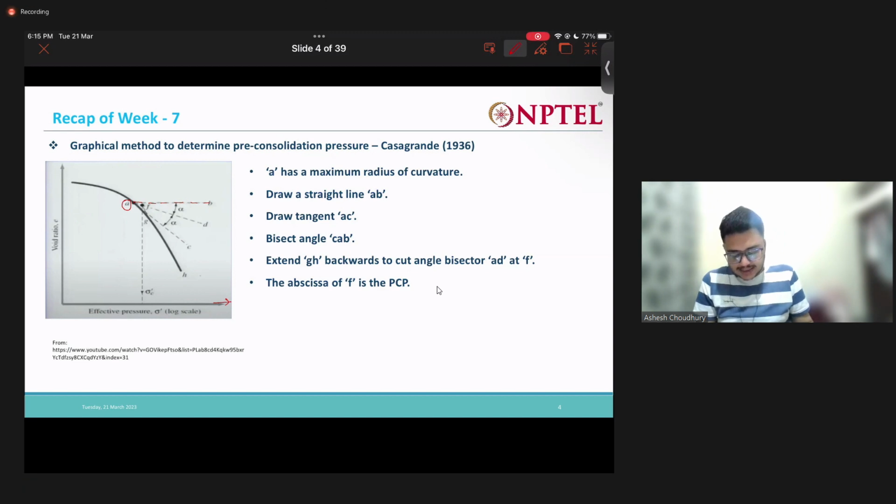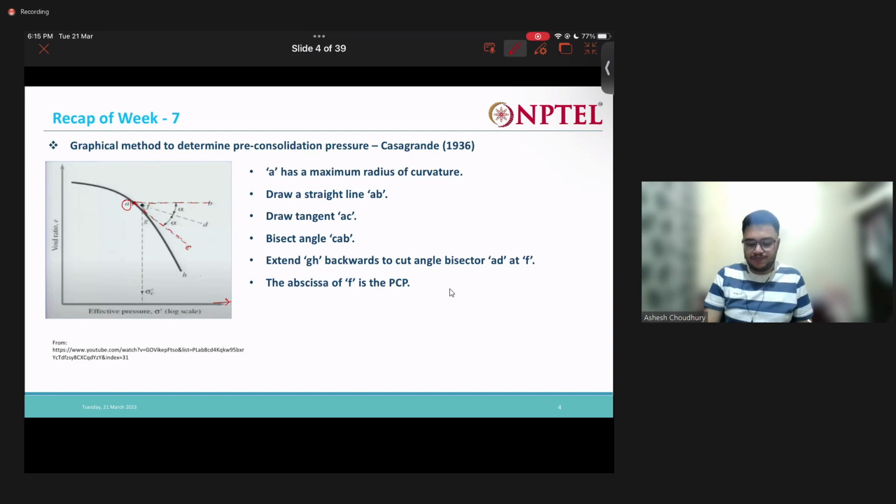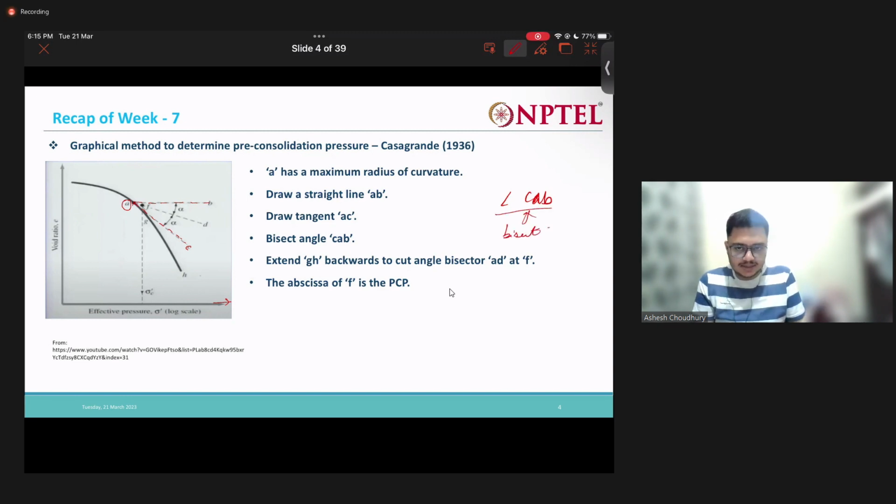The next step is that we draw a tangent AC at the point A. Now we have an angle CAB, and we need to bisect this angle.